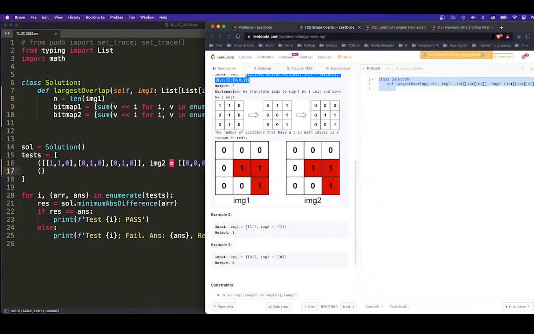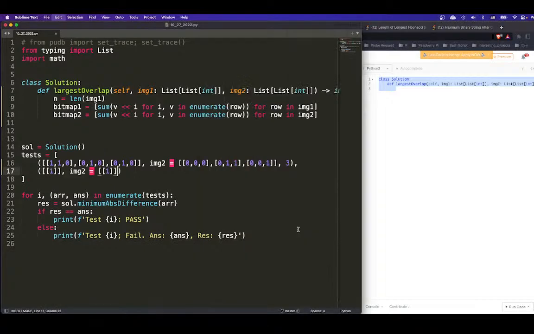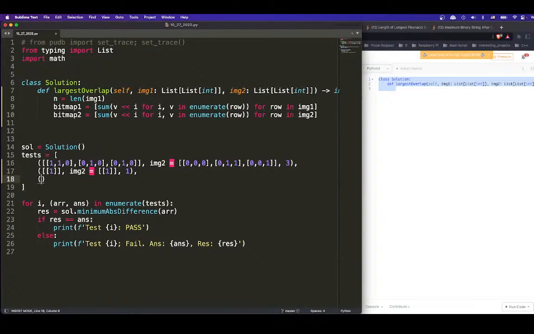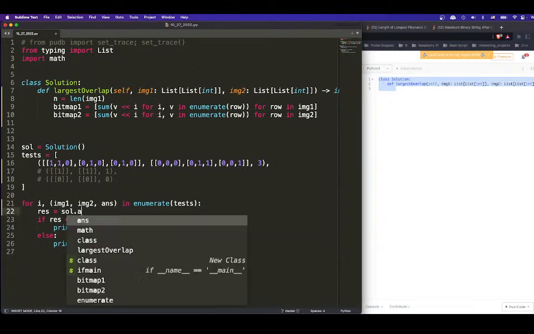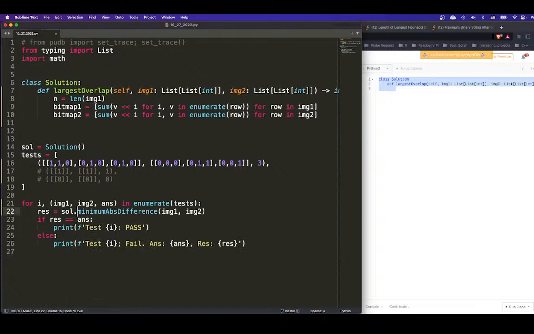Yeah, these are trivial cases, and then these will be commented out. Image1, image2. Let's print this out.